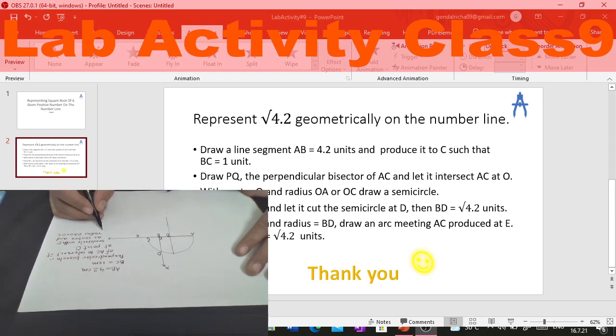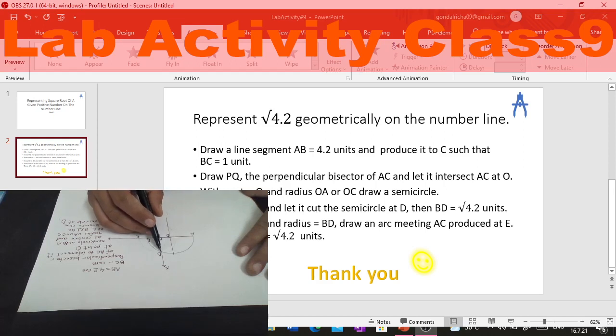After that, at point B, we have drawn perpendicular BX to AC such that it intersects the semicircle at point D. Then we have taken B as the center and with radius BD we have drawn an arc to intersect the produced line AC.